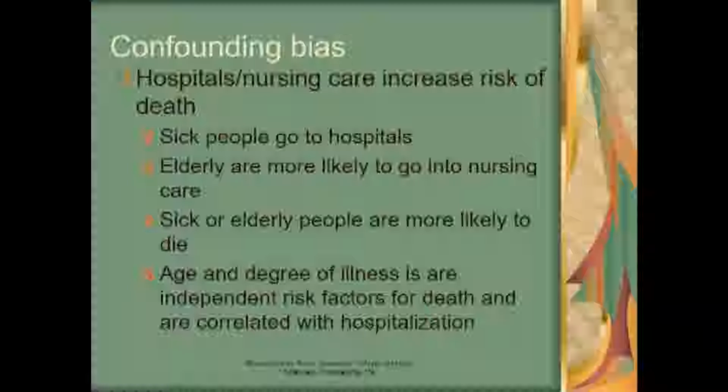Elderly or disabled people are more likely to go into nursing care, and sick or elderly people are more likely to die. Therefore, the confounder is age or degree of illness, which again is correlated with age. These are independent risk factors for death, the outcome of interest, and are correlated with the exposure, which is hospitalization or nursing care.